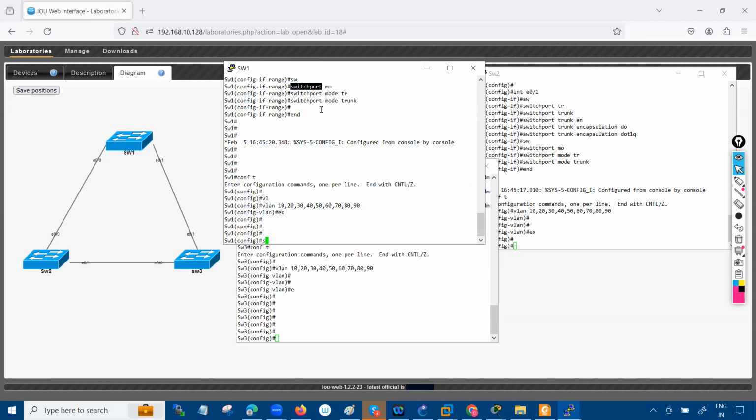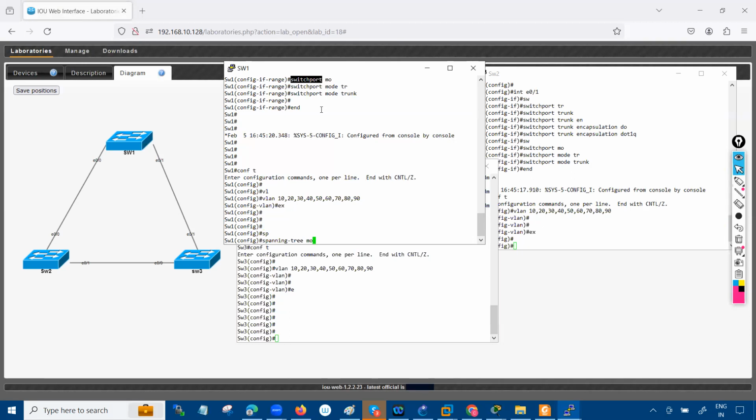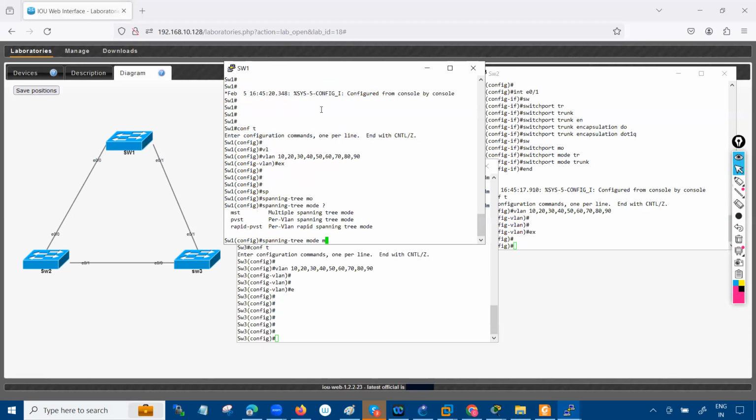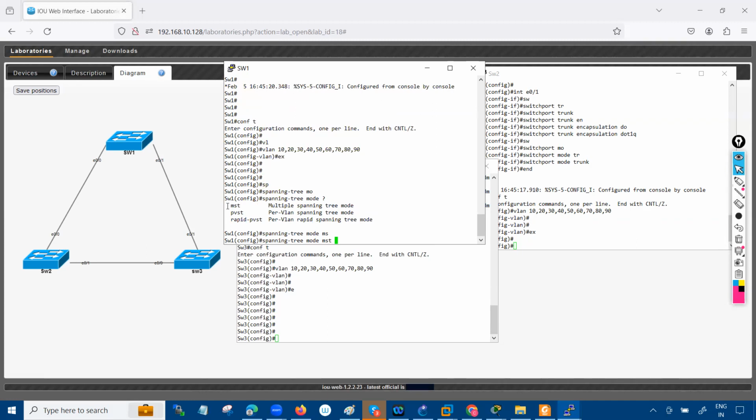What I can do is say spanning tree mode MST, multiple spanning tree mode. What does multiple mean? The meaning of multiple doesn't mean that it's a combination of CST and RPVST.